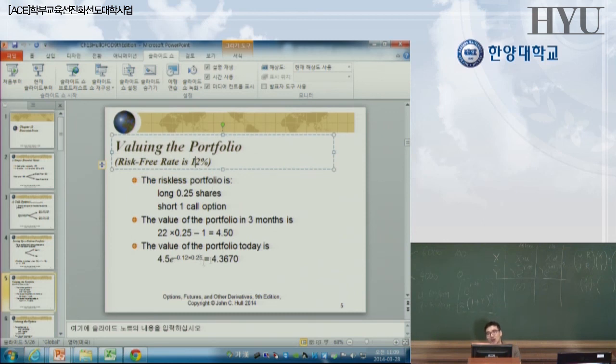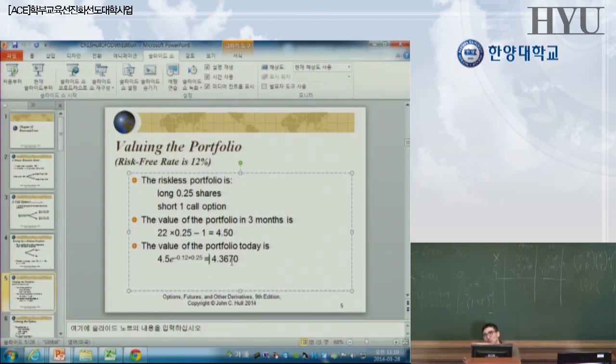So in 3 months, I discount it back. Then the value of the portfolio is 4.367. The value of the contract that pays $4.5 whatever happens is $4.3670. So the value of the contract that buys delta shares and has one short position in a call option is exactly $4.3670.